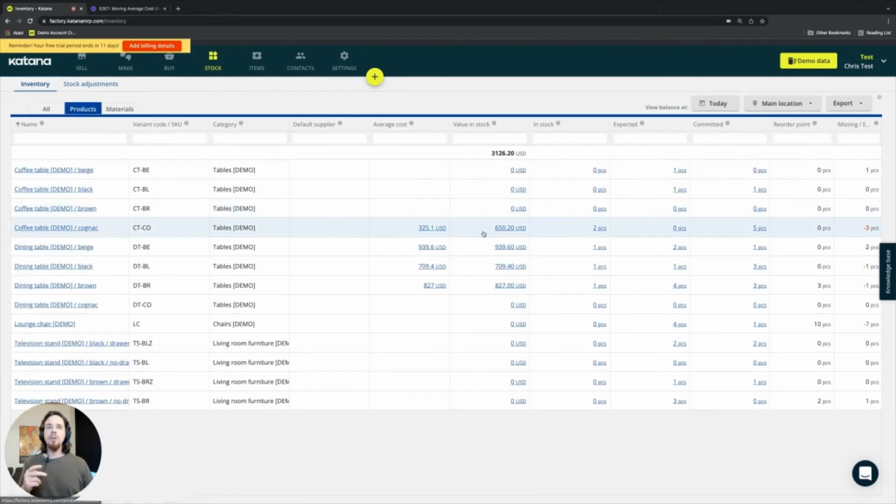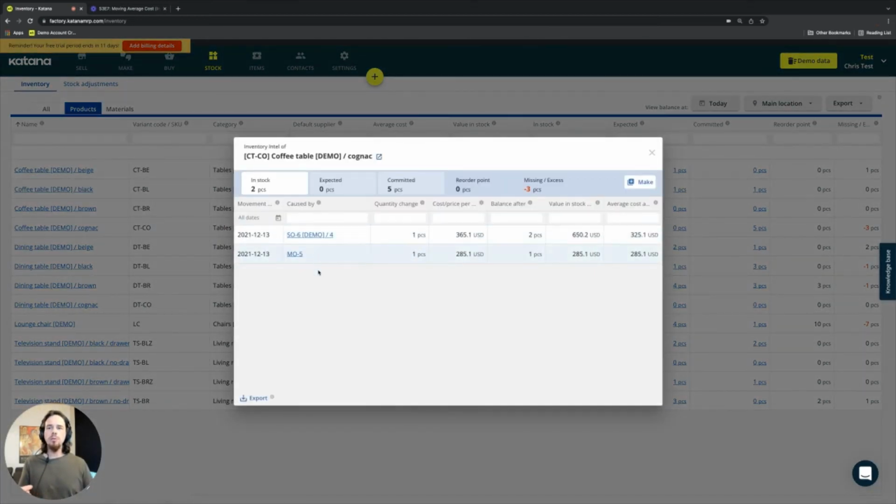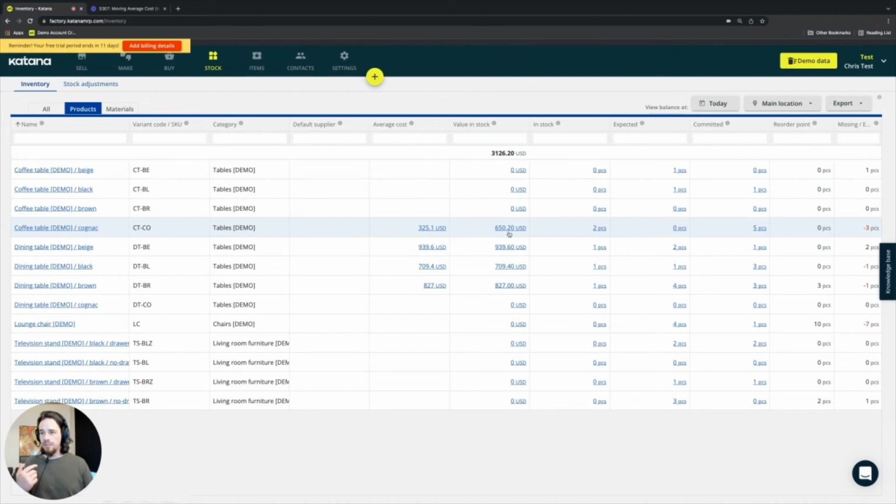products page, where you can see that when we originally had an average cost of $285.1 US, it then went up to $325.1. Now the reason for that is because when you look at your historical stock movements, this manufacturing order that was originally done on the 13th of December created 1 unit at 285.1, and then the second manufacturing order, also on the 13th of December, created an additional unit at 365.1, which gave us a total in-stock value of 650.2 divided by 2 gives us 325.1.